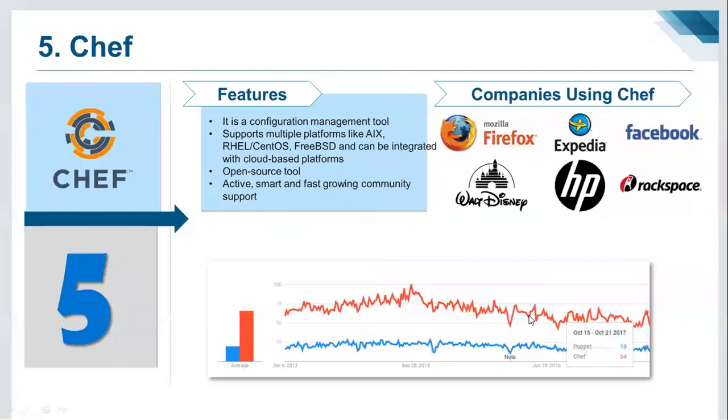So now let's talk about another configuration management tool, Chef. The difference between Puppet and Chef is that Puppet works on a client server based architecture, whereas Chef is having one framework.